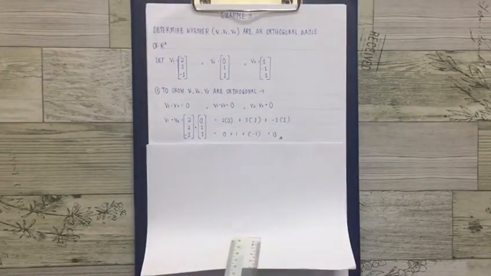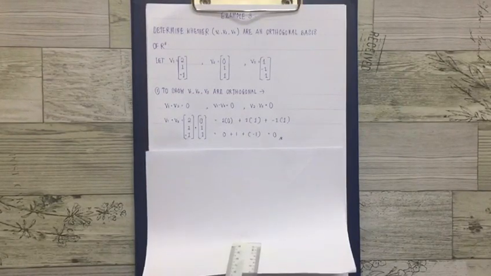Firstly, we have to multiply V1 with V2, which is (2, 1, -1) times (0, 1, 1). It will become 2 times 0 plus 1 times 1 plus negative 1 times 1, and the answer will become 0.